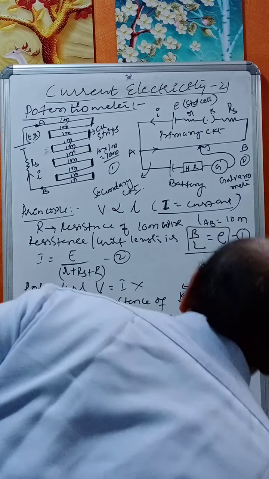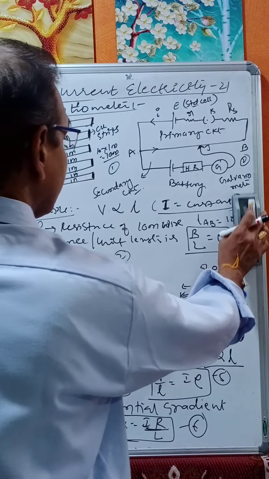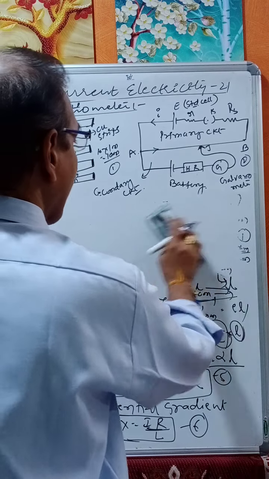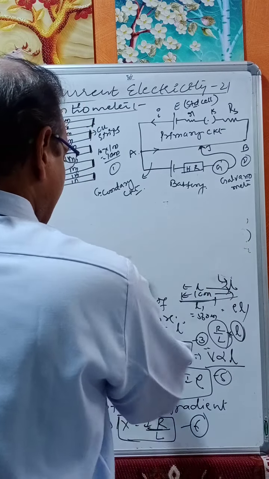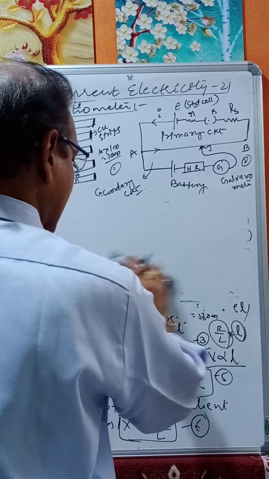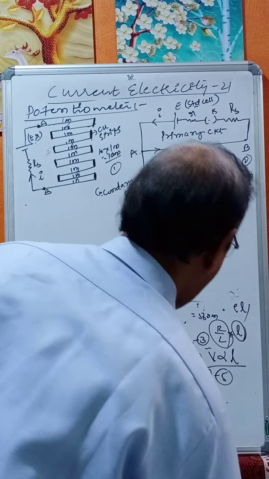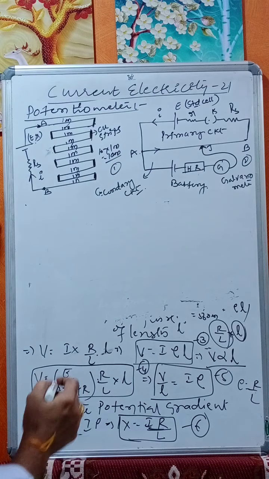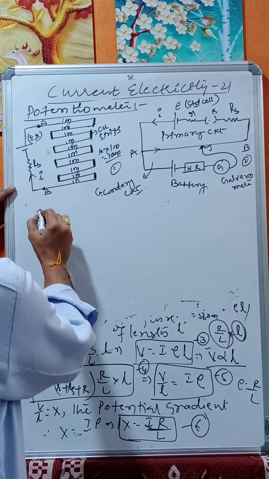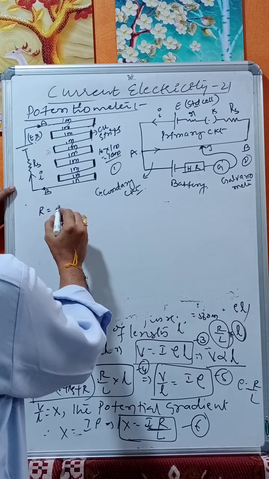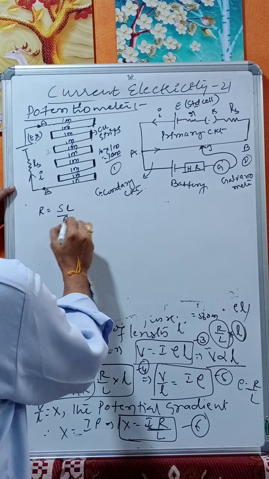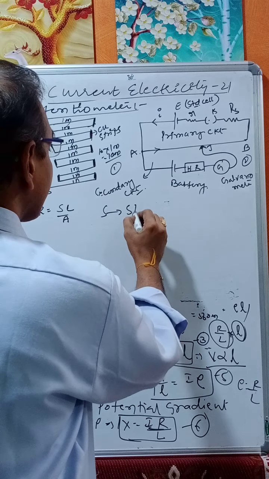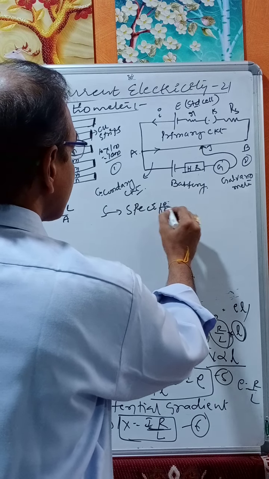Now, a small application to this. Taking rho is equal to R by L, we have resistance R is equal to S L by A. S is the specific resistance, which we have discussed in the previous classes.